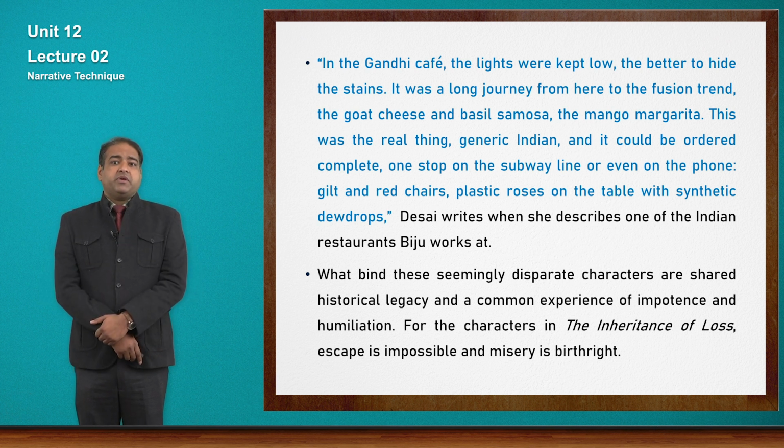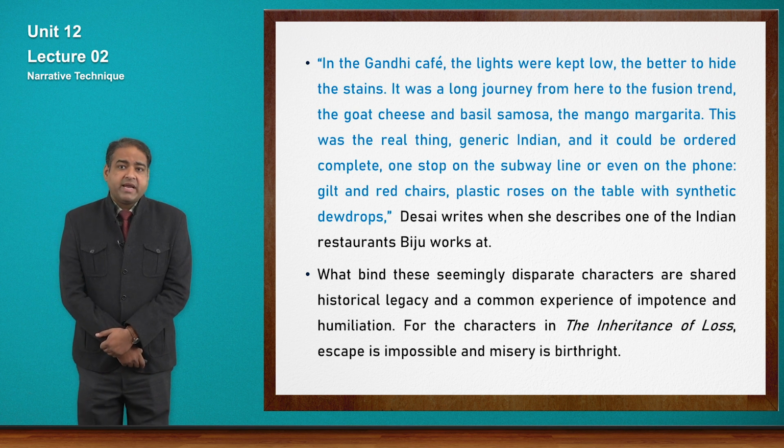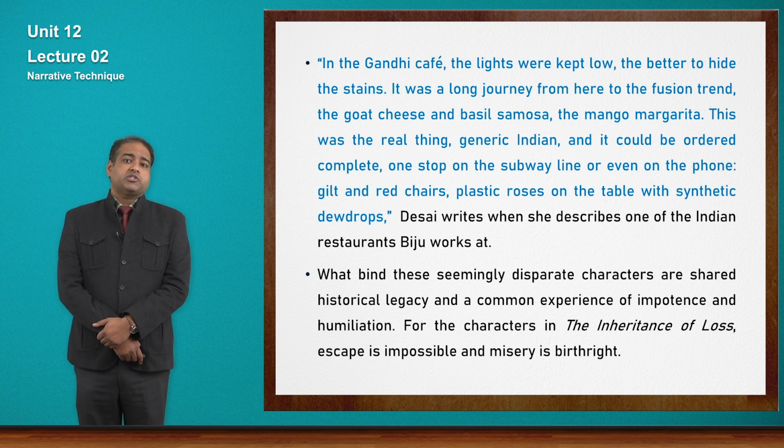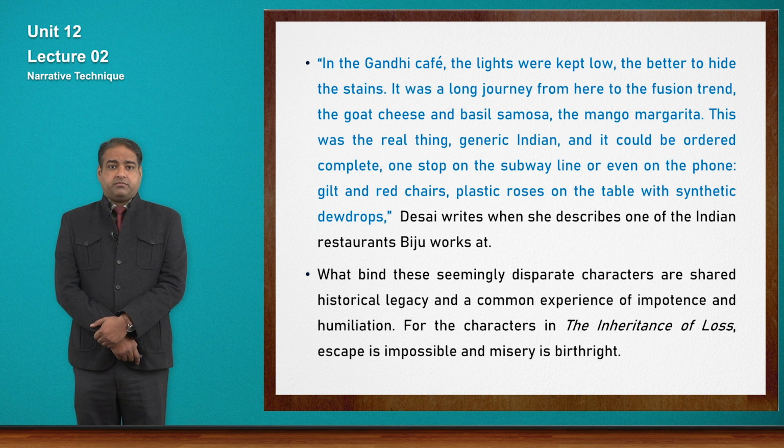What binds these seemingly disparate characters are a shared historical legacy and a common experience of impotence and humiliation. For the characters in The Inheritance of Loss, escape is impossible and the misery is a birthright.